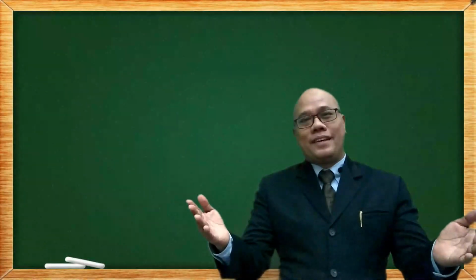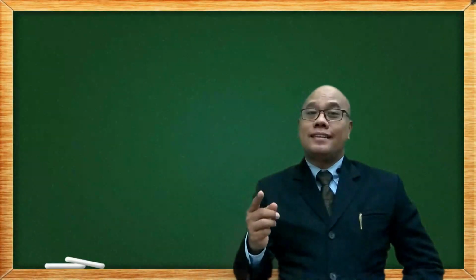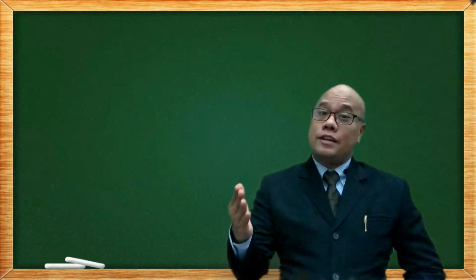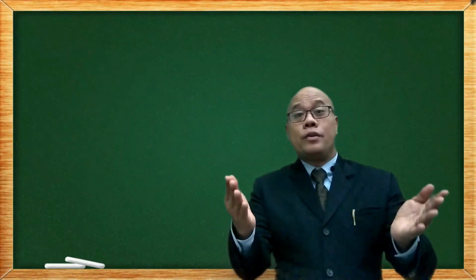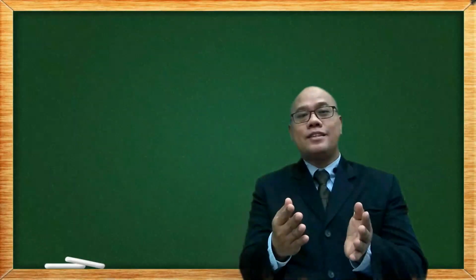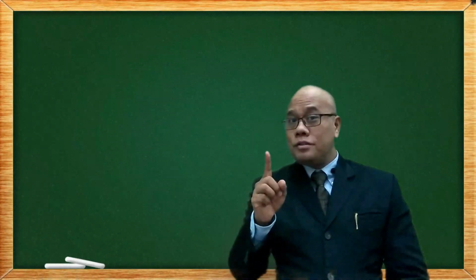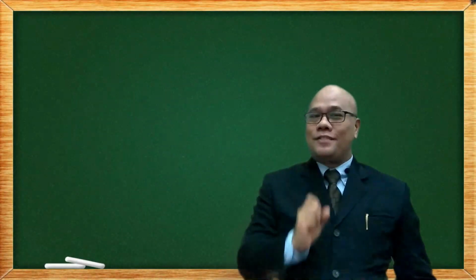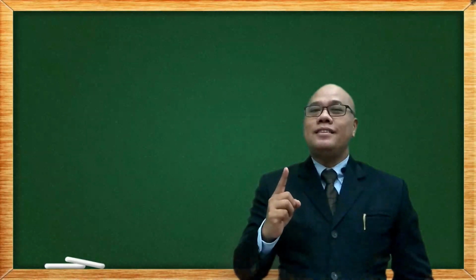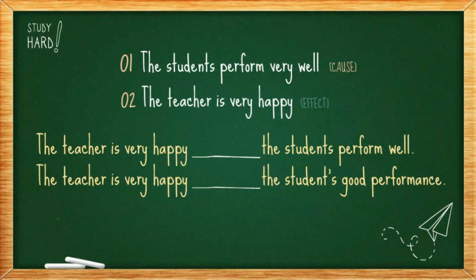Now let's practice together. Here we have two sentences which indicate the cause and effect relationship. I want you guys to combine the sentences using either because or because of. The first sentence says, The students perform very well. That's the cause. And the teacher is very happy. That's the effect.